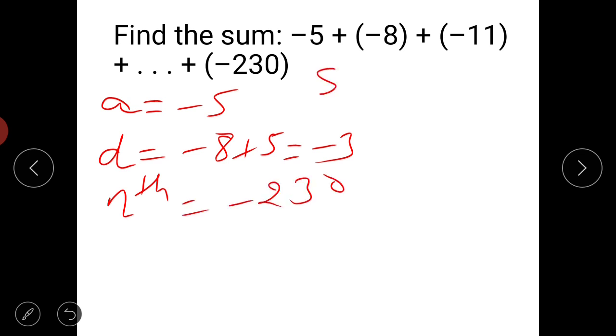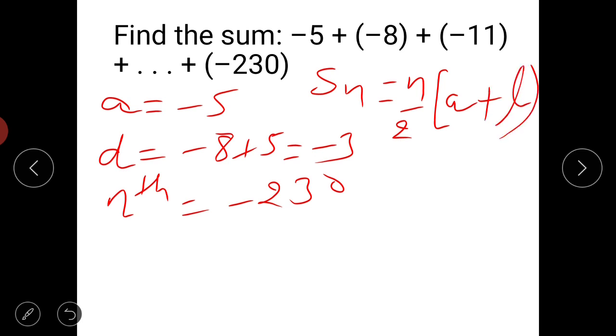To find Sn, we use n by 2 into a plus l, because the last term is given. A is there, l is there, but n is not, so find n from the nth term.